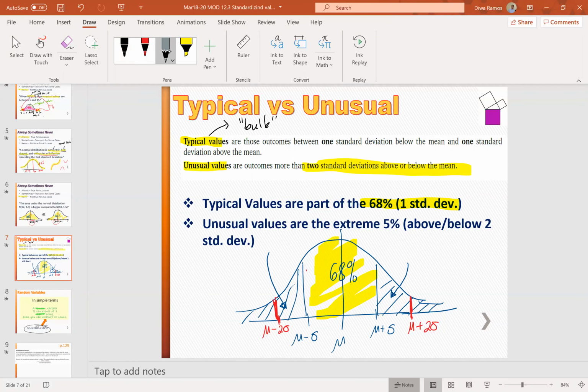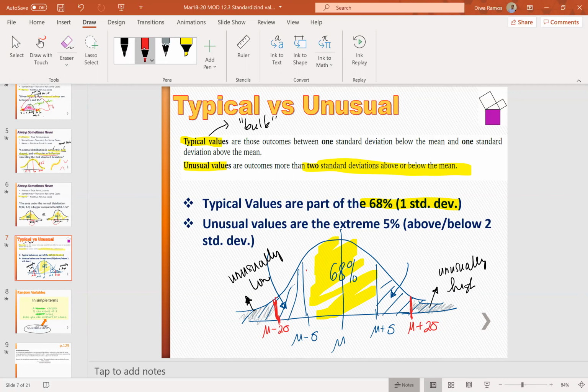Now this portion here, I'm coloring gray. Those are unusual values. For this side, this is considered unusually high. For the other tail, we usually call this unusually low.